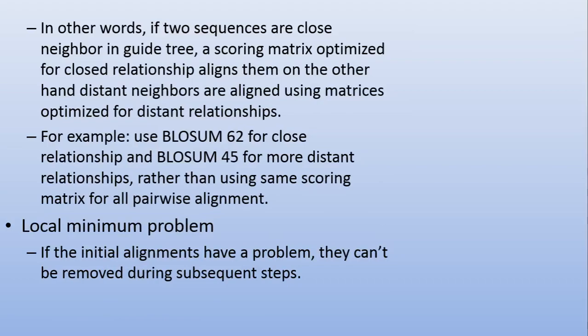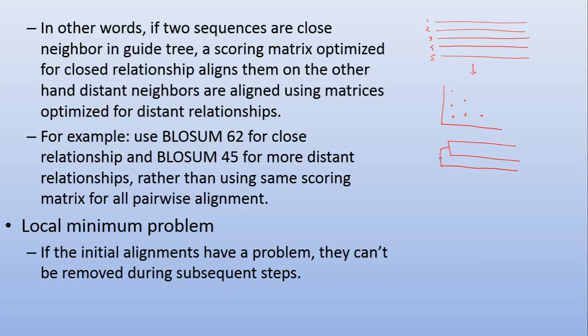To explain in simpler words, let me draw the sequences first and give you an example. Say you end up aligning these five sequences. What do you do when you align sequences using a progressive strategy? You generate a distance matrix, and based on the data from the distance matrix you create a guide tree.